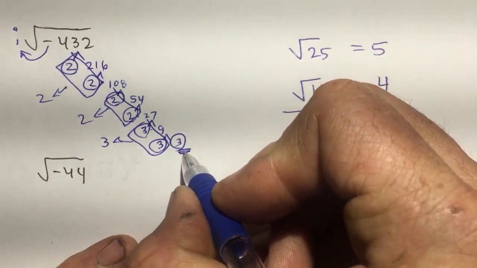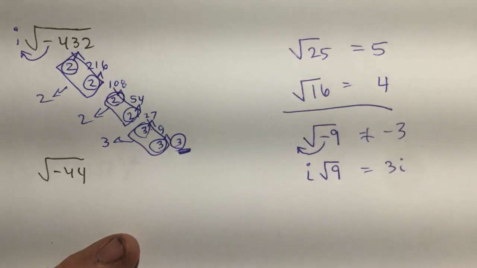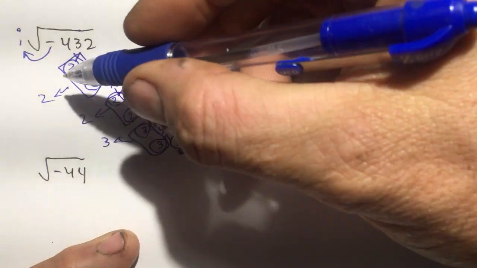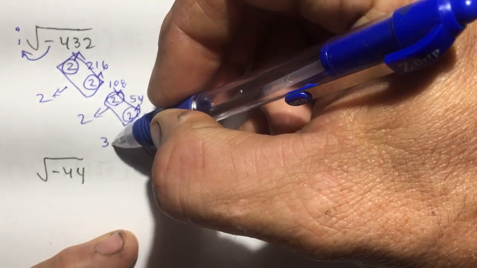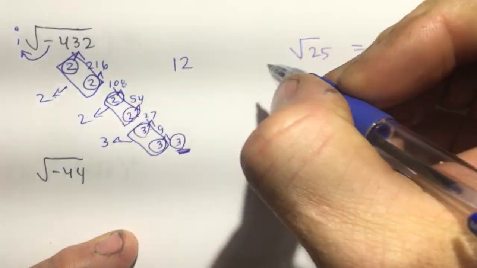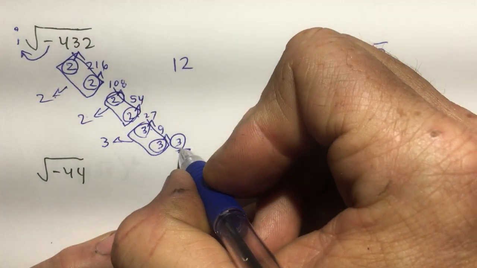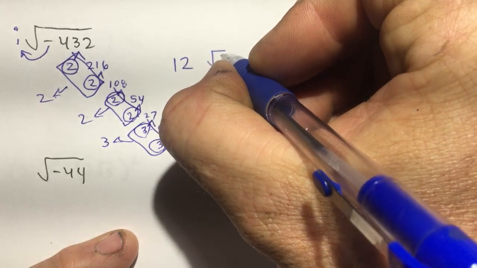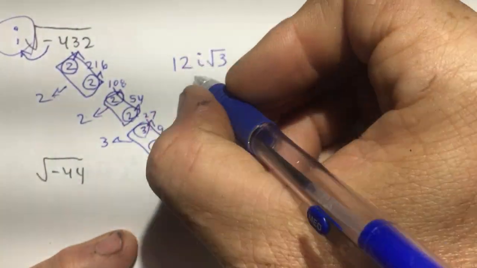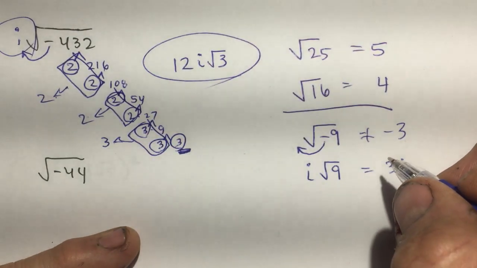But this 3 right here does not have a partner to pair up with. So he's stuck in the radical. So that means I got 2 times 2 times 3, which is 12. I got 12 coming out of the radical. I've got this 3 stuck in the radical. And then don't forget my i right there. My i goes between them. And that's what that simplifies to: 12i radical 3.